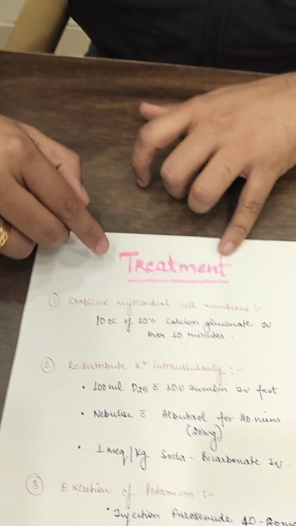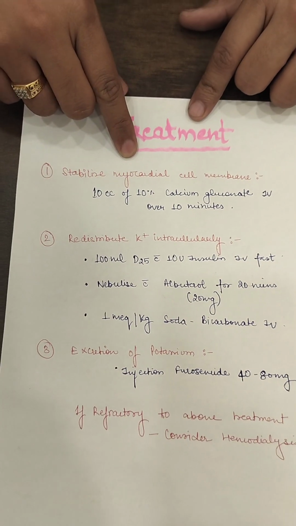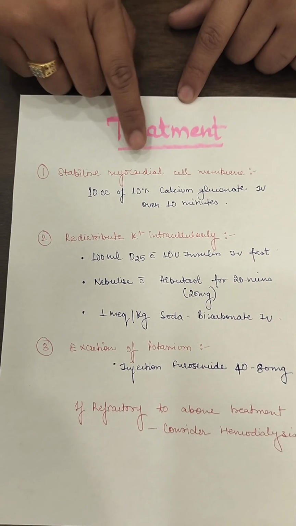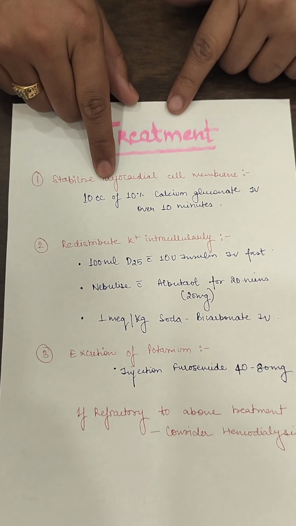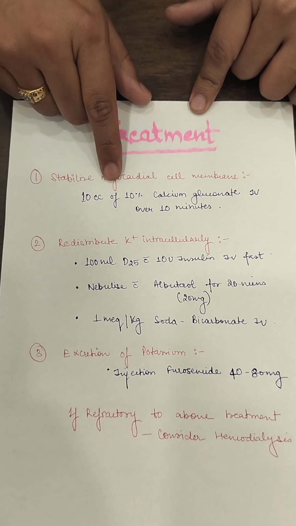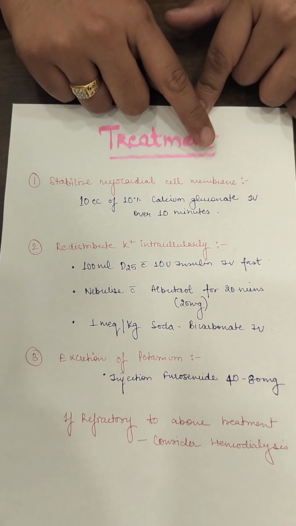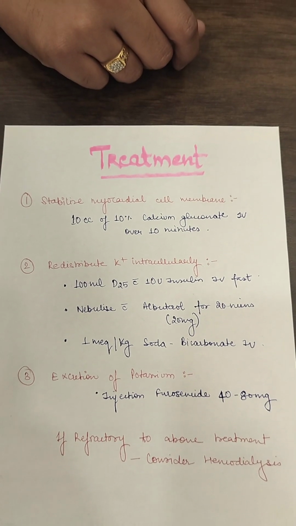The rest of the diagnosis we make with lab values, serum lab values of potassium, and with the help of ABG. Now we come to treatment of hyperkalemia. Treatment includes several steps. The first step is to stabilize the cardiac membrane or myocardial cell membrane, which we do with the help of 10 ml of 10% calcium gluconate IV slowly over 10 minutes.